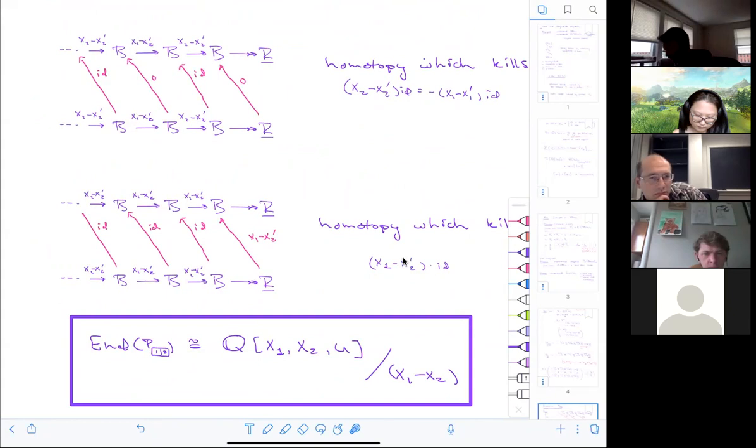This is by no means a proof, but the reality is that the endomorphism ring is in fact generated by X1, by U, with relations generated by these two guys. So you have X1 prime identified with X1, X2 prime identified with X2. You have this periodicity map of cohomological degree -2, and then just a single relation on top of that, which is that X1 minus X2 is homotopic to 0.